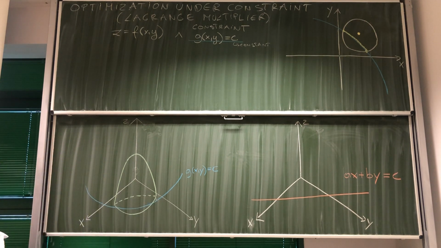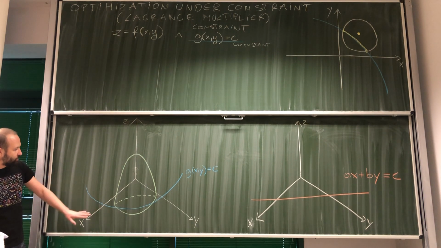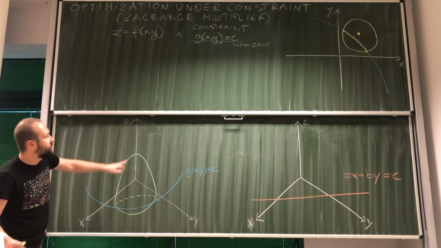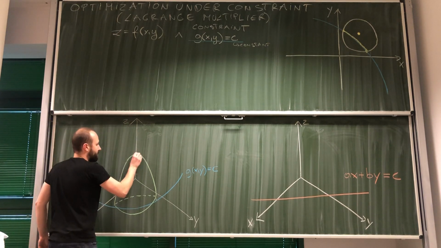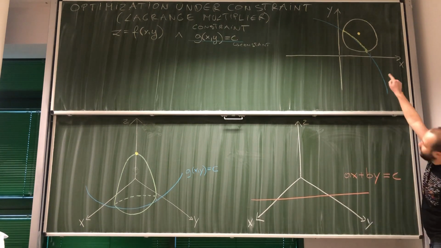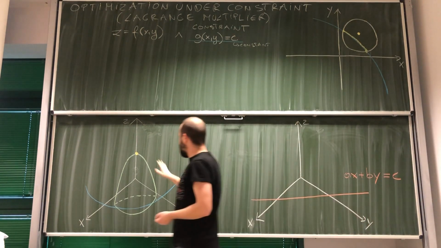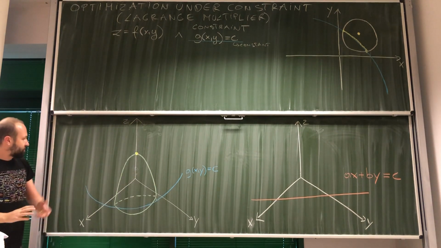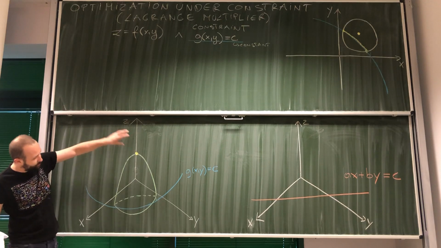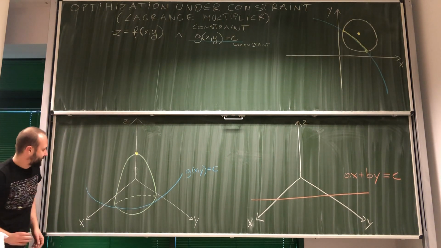Okay, so look, now what do we see? We see that this point on the top of this sphere is the same top that we see over here. Of course, if there were no constraint, that would be our goal, to get to this point. But look, what else do I see here?